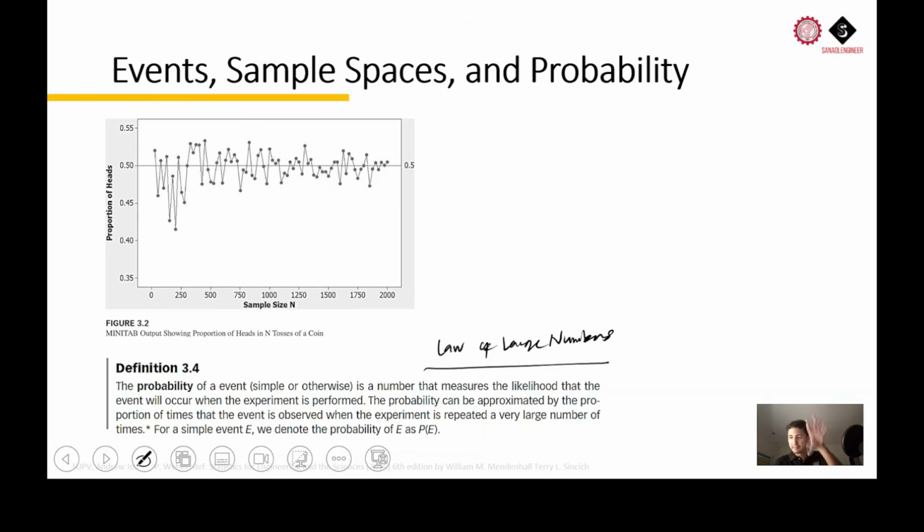It prefers a value of around 0.45 or as low as close to 0.4. But if you do it long enough, if you have the luxury of time, you will see that the value approaches the theoretical value, which is 0.5.